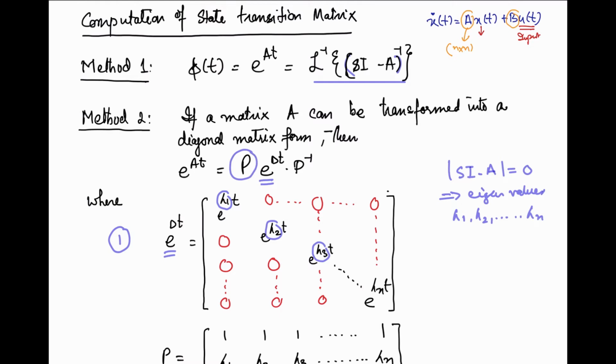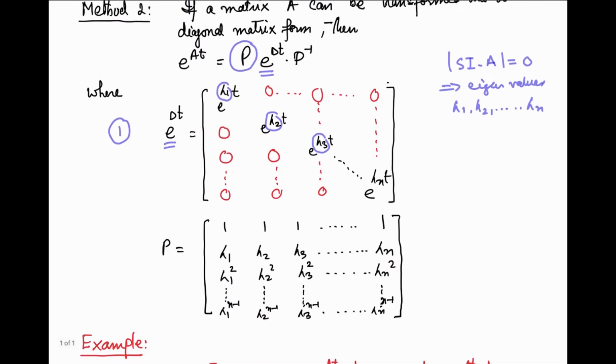This diagonalization matrix is obtained with the help of this equation, that P is equal to this one. First row consists of all ones, then the second row consists of the eigenvalues, the third row will be the square of all of those eigenvalues, the next row will be the cube, and so on.